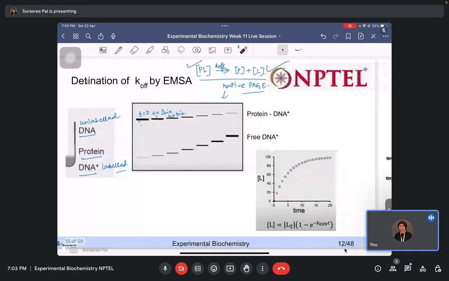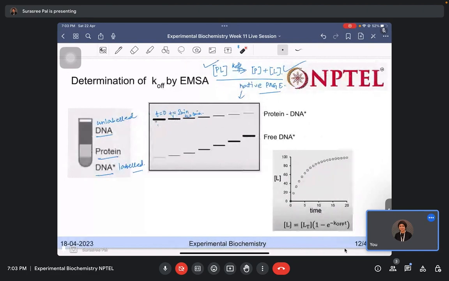And here I would just like to mention one thing about determining K-off by EMSA. Here we are adding the samples at different time points, and these time points will be in minutes, not in seconds or milliseconds, right?